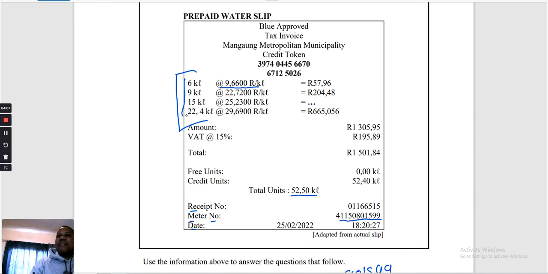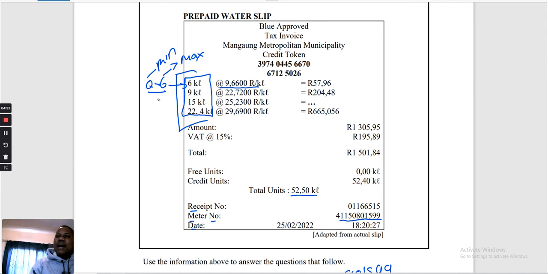Remember, if you go to my videos where I was teaching you the tariffs, you'll understand this is the summarized version, because when they start, they will tell you from 0 to 6. So you have to know how many kiloliters are in between. There are 6. So this is the maximum, and the minimum is 0. You understand?